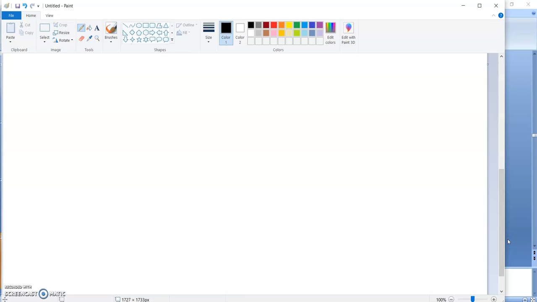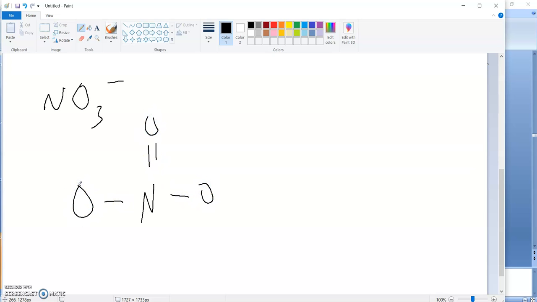A couple of examples of that. Let's look at the nitrate ion, NO3, negative charge. I'm going to draw these quickly because we've done these Lewis structures before. Nitrate ends up having this Lewis structure. And yes, there should be dots on all the oxygens, saving time here and not doing that.